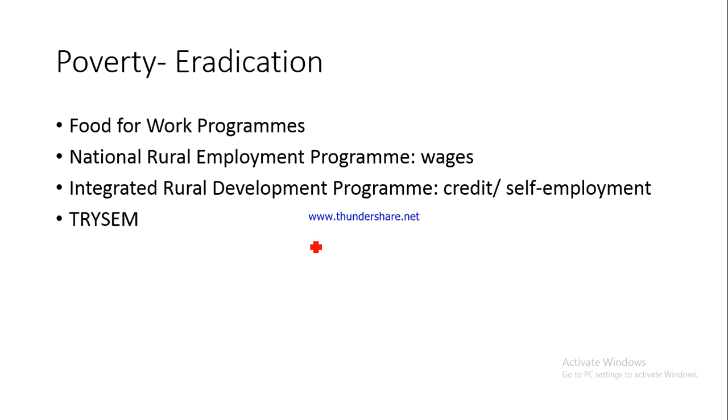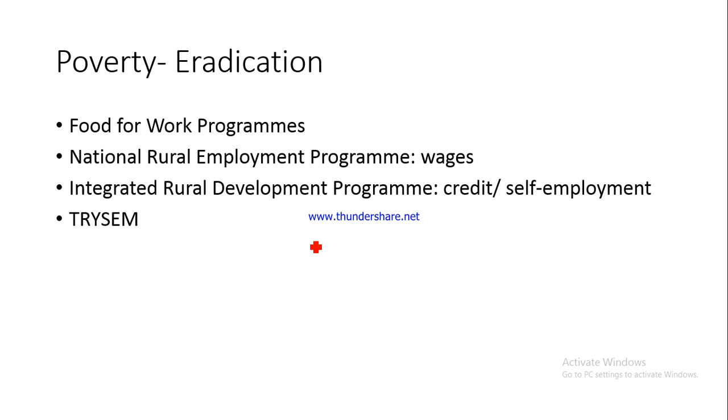Apart from that, since setting up an enterprise also requires credit, arrangements were made in coordination with the banks that the beneficiaries would not only be provided training but also some kind of credit facility so that they can set up and sustain their enterprise. So this was TRISEM.